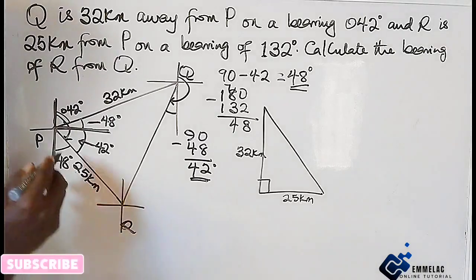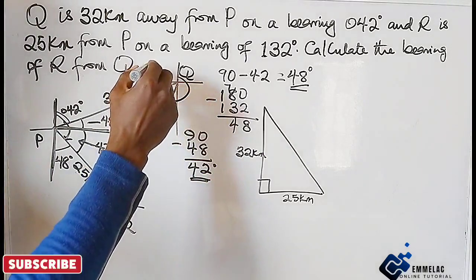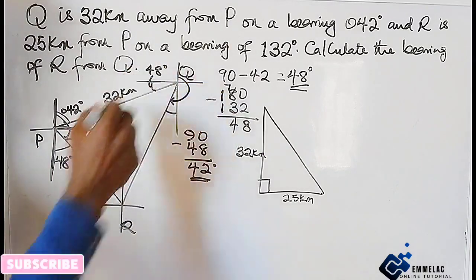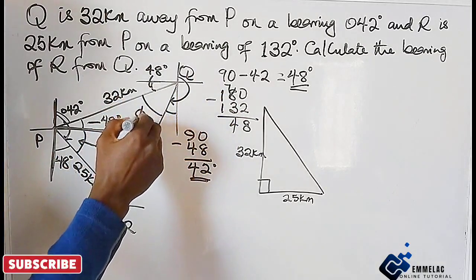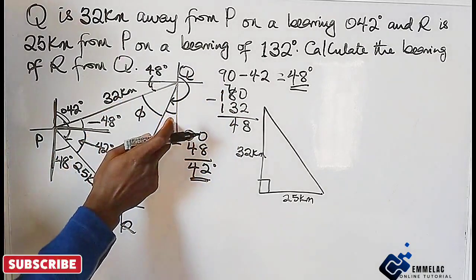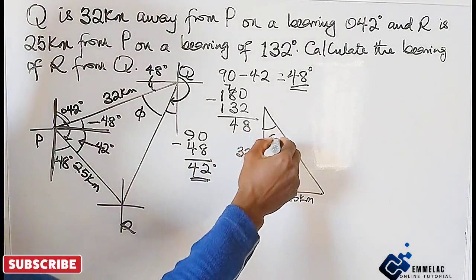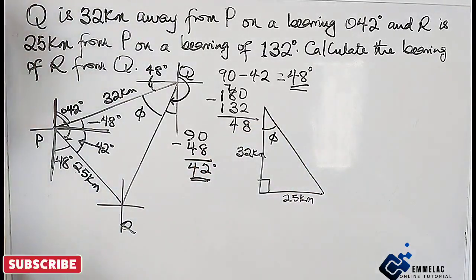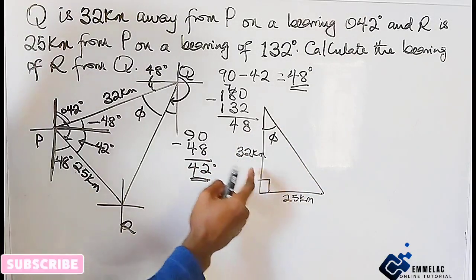Now what we're actually looking for, take note that here automatically is 48, alternate angle. So if we're able to get this angle here, right here we have that this is theta. Reconciling this, it is opposite and adjacent.